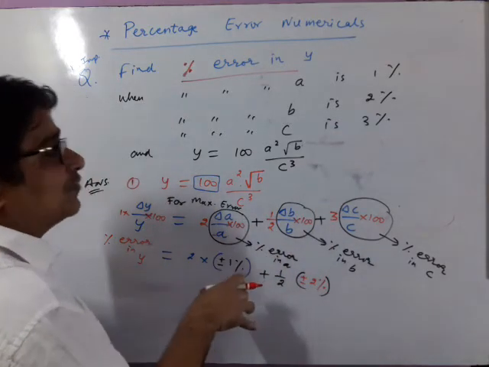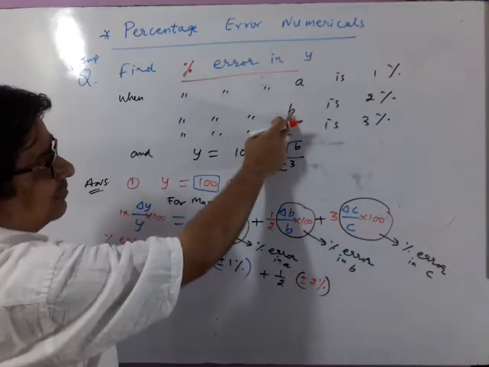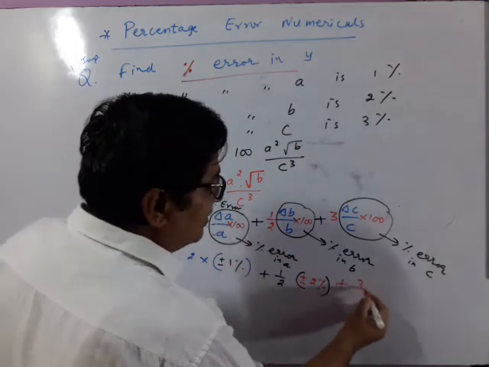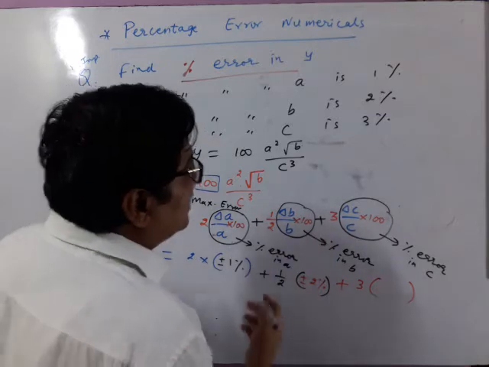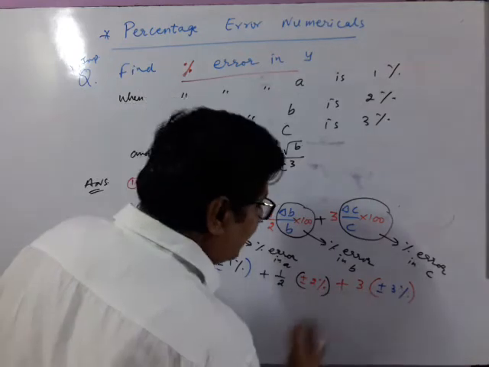I am inputting the values, whatever is given to me: percentage error in A, percentage error in B, percentage error in C. Plus 3 multiplied by percentage error in C. This is percentage error in C, 3%, so plus minus 3%.